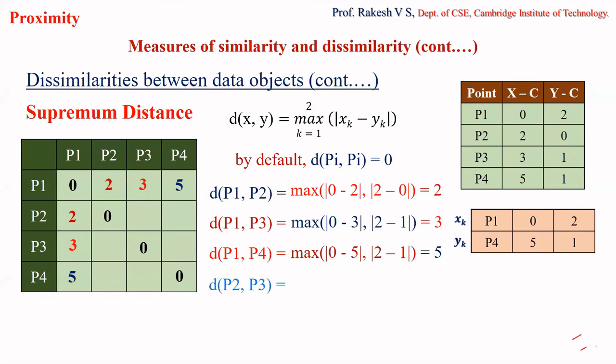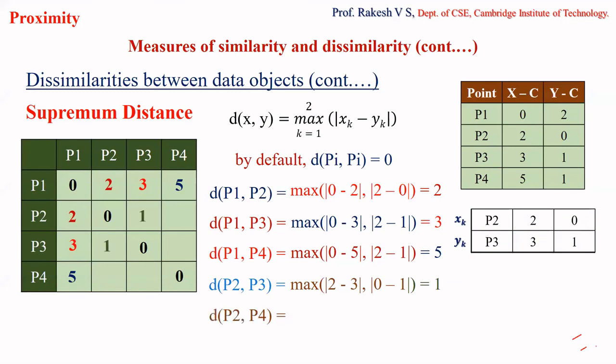So here P2 value we are having 2, 0 and the P3 value is 3, 1. So you are going to find the maximum of 2 minus 3 comma 0 minus 1, where 2 minus 3 is 1, 0 minus 1 is also 1. So maximum of 1 and 1 is what? 1 only. So I'll consider it as 1.